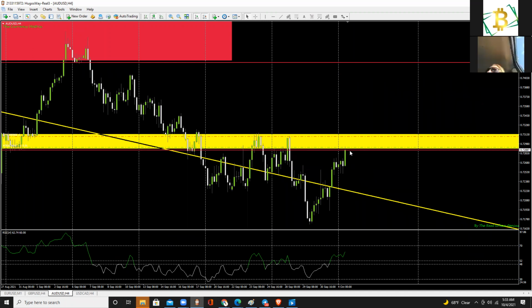This particular 4-hour candle closes in about 30 minutes. I would like to believe that the momentum here is dying out and this level will hold as some resistance, but we'll be able to identify that a little more, and I'll point that out to you on the trigger zones once we get down in there.